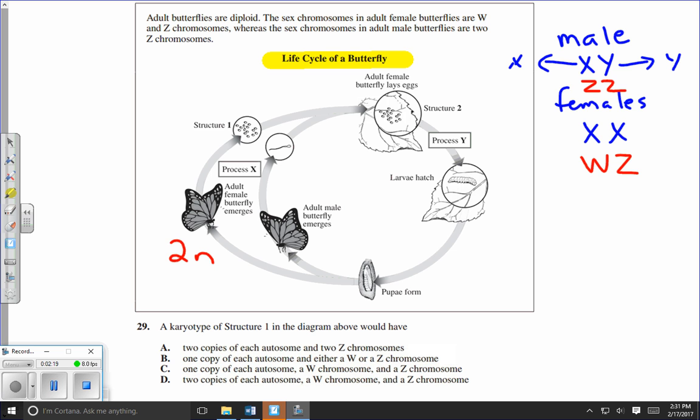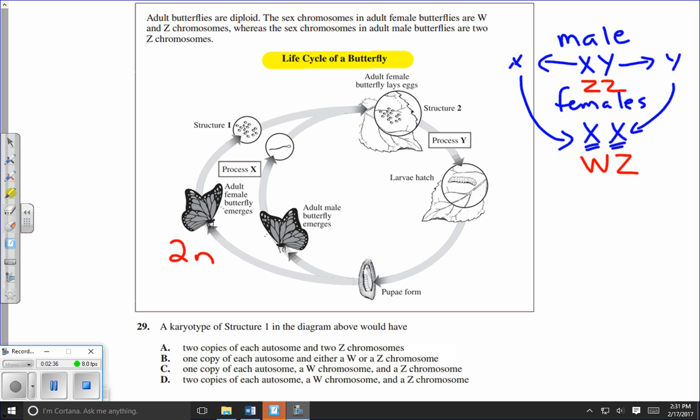The female can put only an X chromosome in the ovum, so if a Y sperm fertilizes an X ovum, we get an XY, and we got a boy. If an X sperm fertilizes an ovum, we get an XX zygote, and that creates a girl.